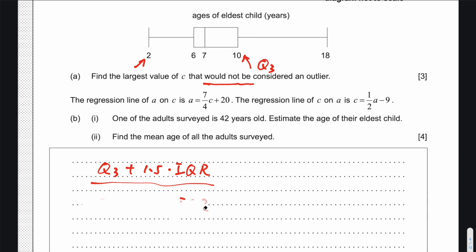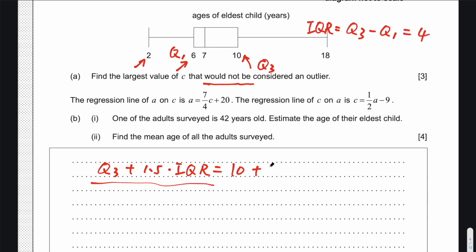We know Q3 is 10, and IQR is the range from Q1 to Q3, so IQR is Q3 minus Q1. Q1 is here, so that means 10 minus 6, that's 4. So 1.5 times 4 is 6.